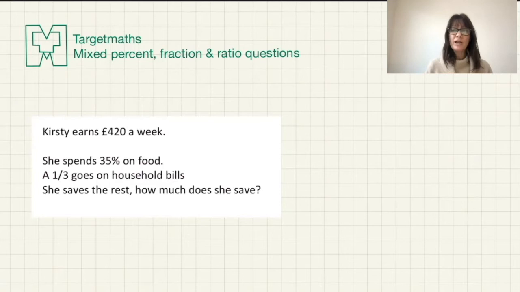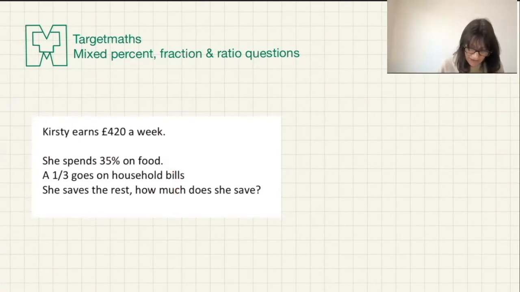So I'm going to be working on one thing at a time. The one thing that these questions do well is walk us through what we need to do. We get given a piece of information, and then the very first line, there's a piece of maths we can do. So you could almost crack straight on with that, not worry about the rest of the question until you're ready. So let's have a little look.